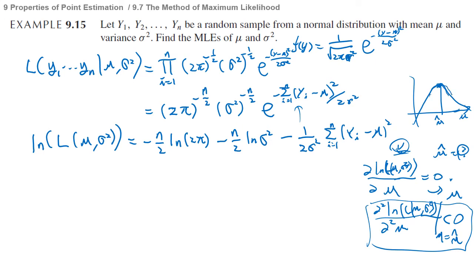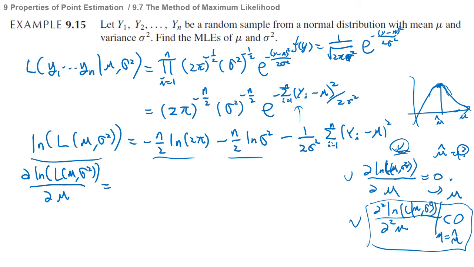That implies that this is the maximum position of this function. So we want to check this too, and so let's get the derivative of this function with respect to mu. These two parts are not dependent on mu.